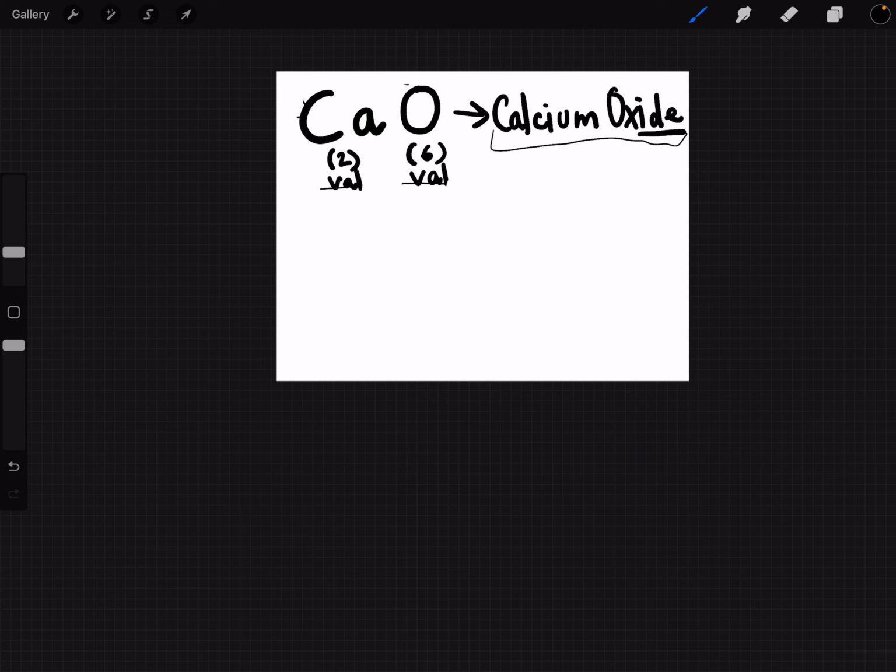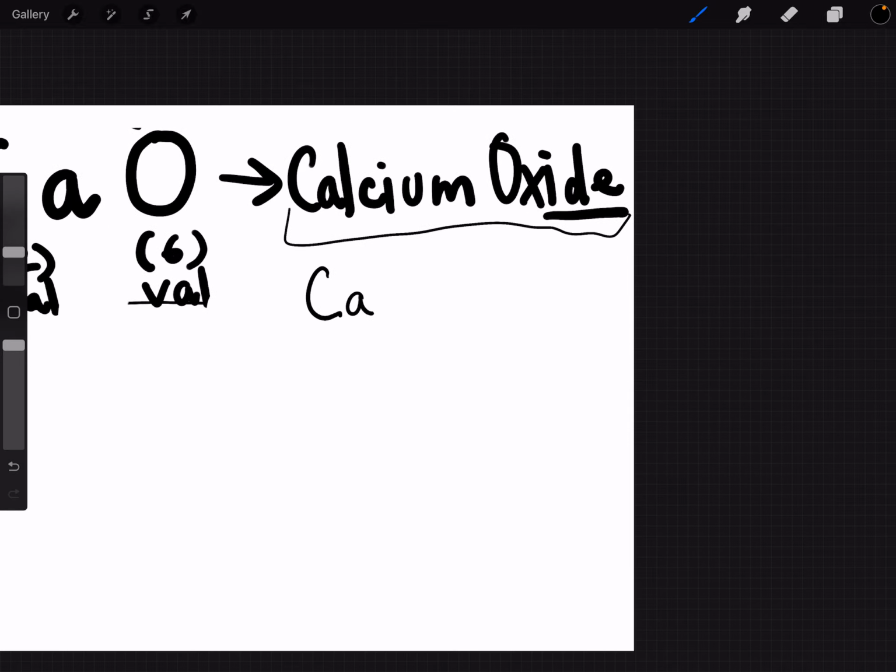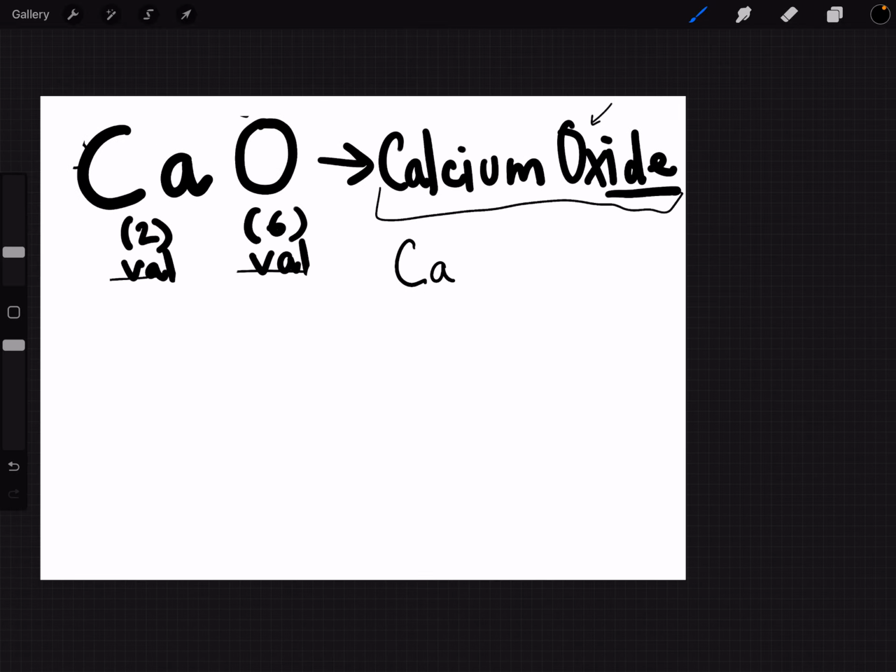So essentially, how you do that is you find calcium on your periodic table, then you find the letter, then you find oxygen, just see what it starts with. So that's oxygen.